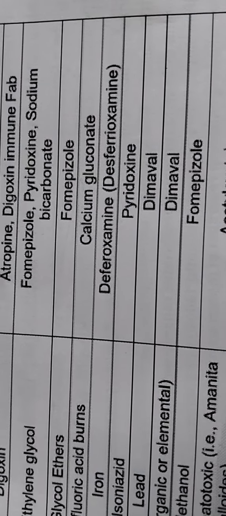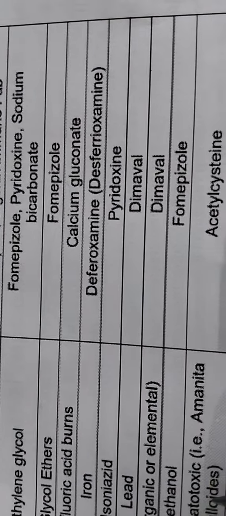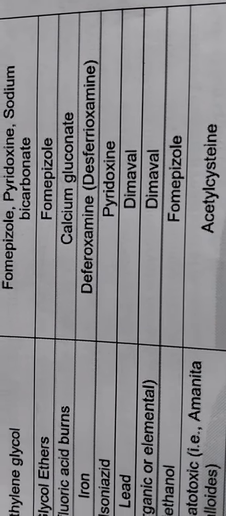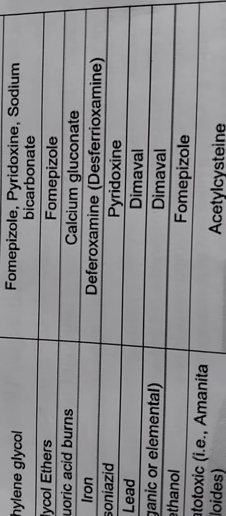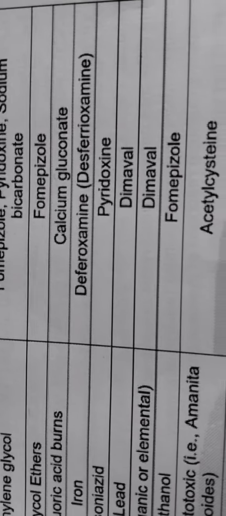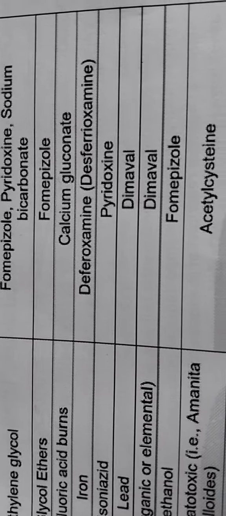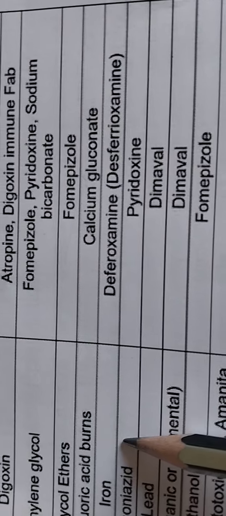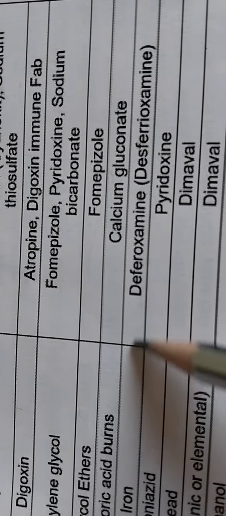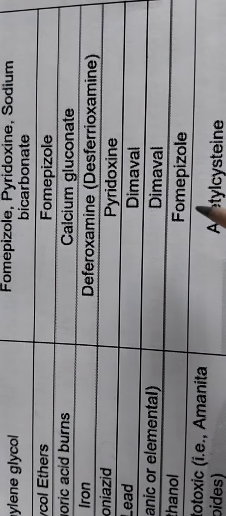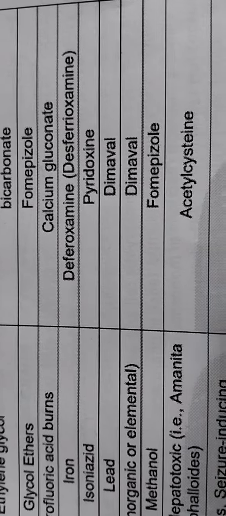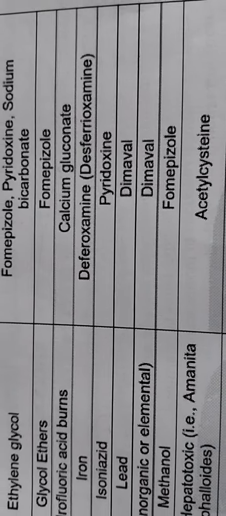Similarly for hepatotoxic mushrooms, Amanita phalloides, the same acetylcysteine is used. Then for seizure-inducing or hydrazide-containing mushrooms, again pyridoxine. We had seen that for isoniazid, pyridoxine is used. Similarly for hydrazide-containing mushrooms, pyridoxine is used.